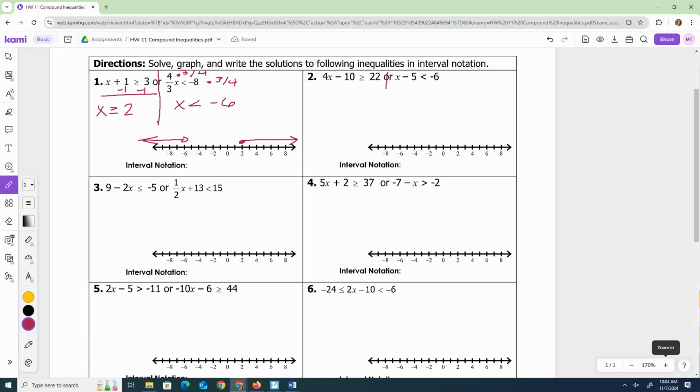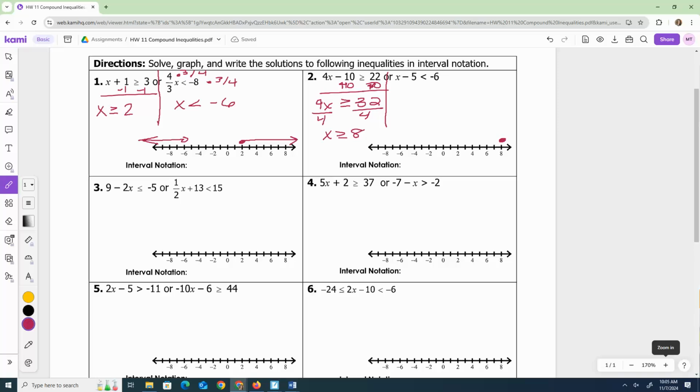Alright, do I have a volunteer for problem 2? Riley? Okay, so we get 4x greater than or equal to 32. So x is greater than or equal to 8. So that would be open or closed? Closed.